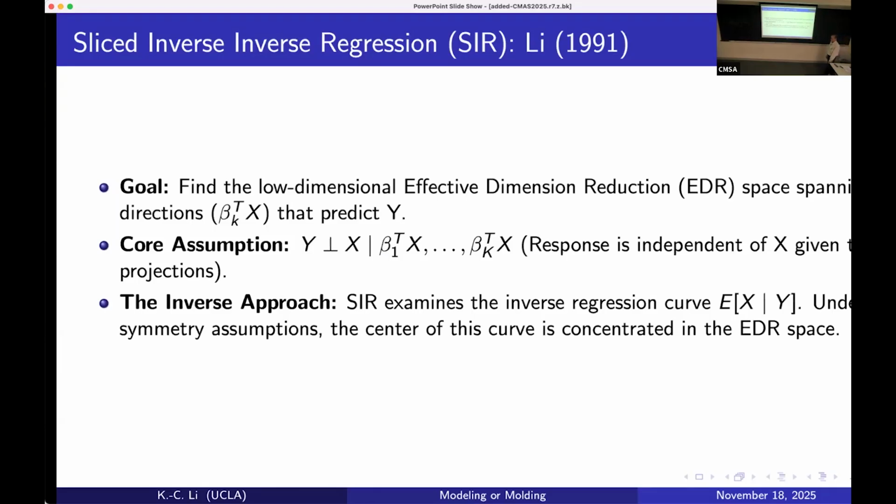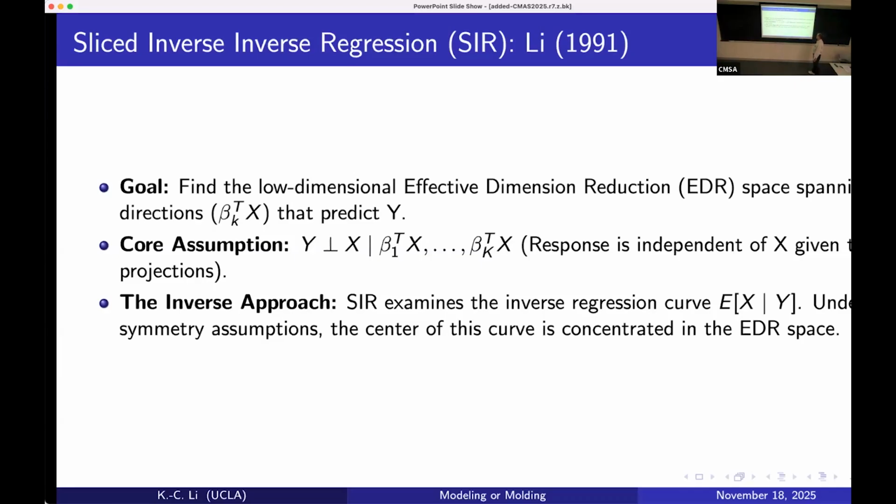You have a model that relates x to y, and you don't know what it is. The only thing you know is that you can do some dimension reduction. So you project into a k-dimensional space, and then you can use this as a summary statistic to build up a relationship with y. That's the only assumption.